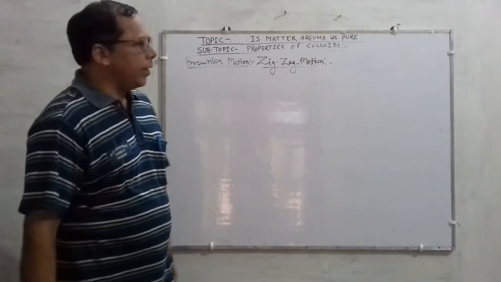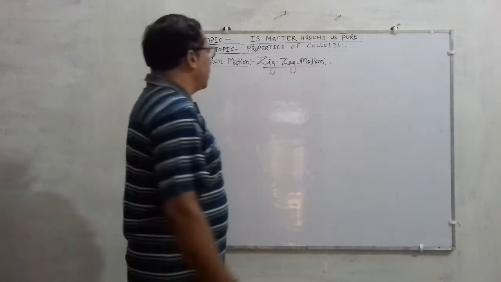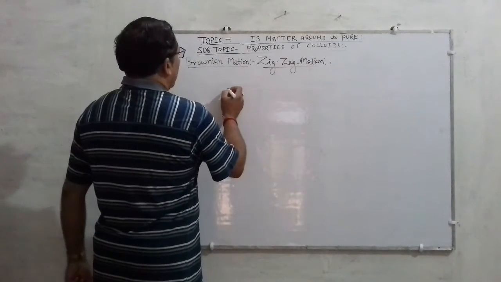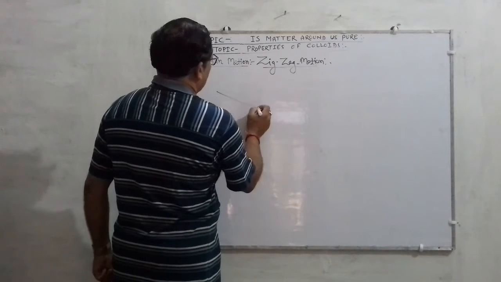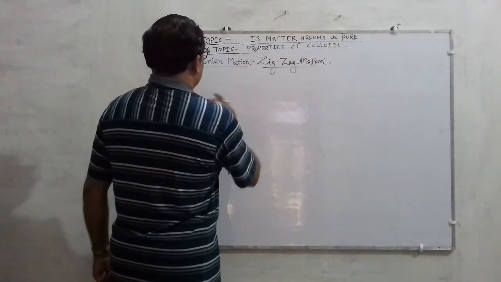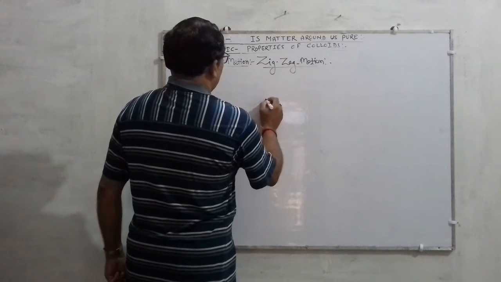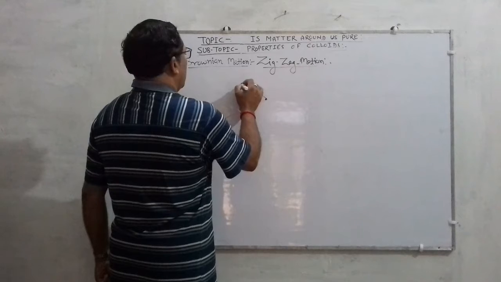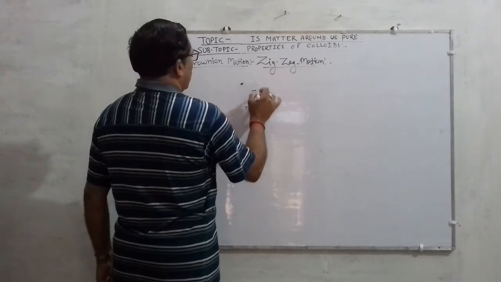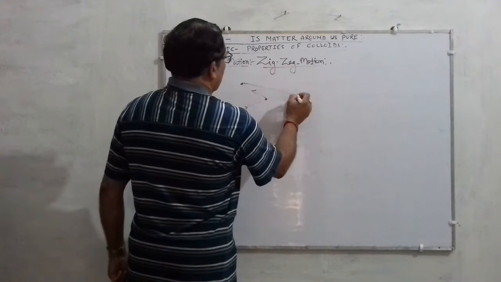The Brownian motion or zigzag motion of the colloidal particles can be illustrated like this. Suppose that is zigzag movement, go on the arrows.